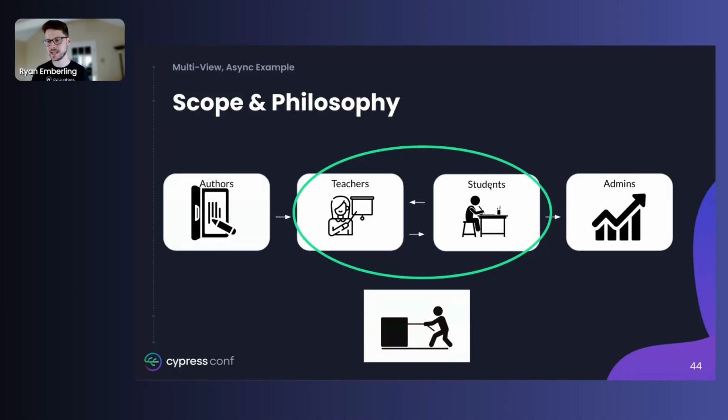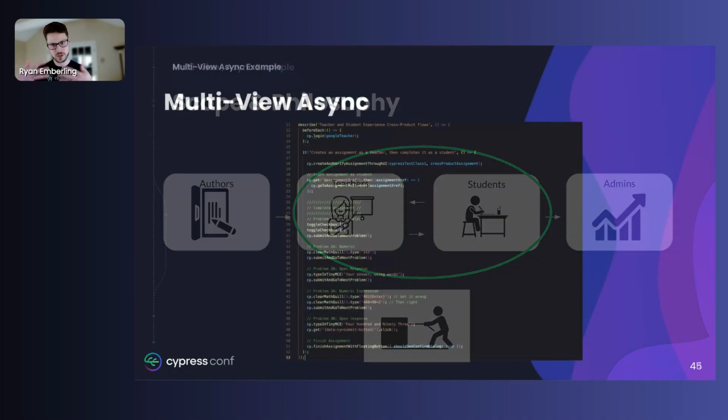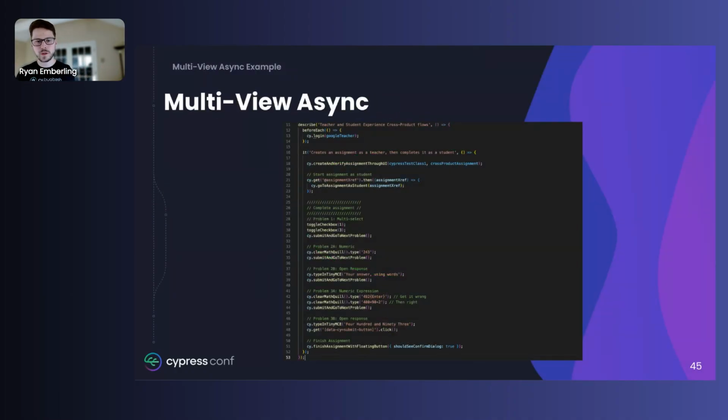The teacher experience and the student experience do work together to create a given assignment and complete it. And so we don't do this for the full gamut of all the different combinations of settings that are possible, but rather for the minimum to ensure that, yes, indeed, the teacher and student experiences have the connective tissue working together.